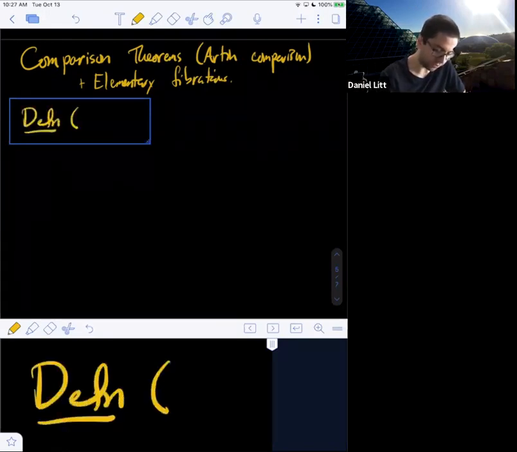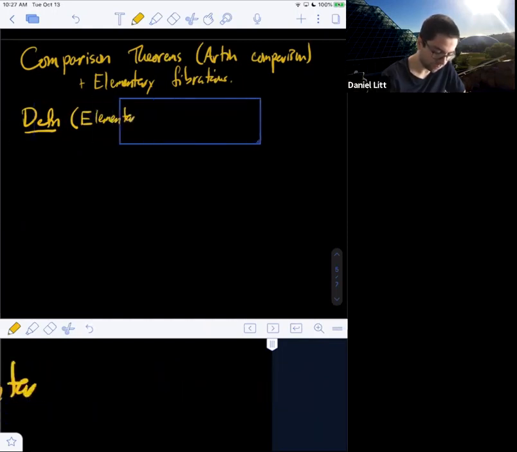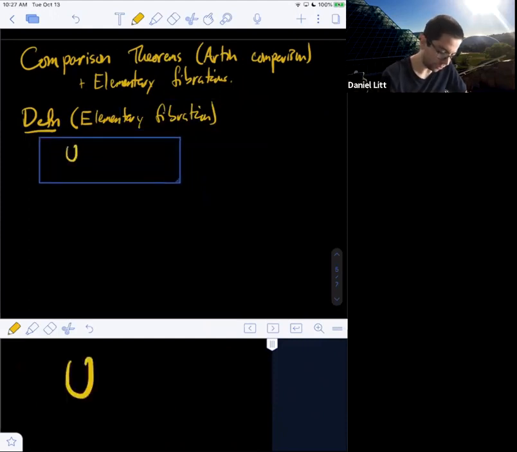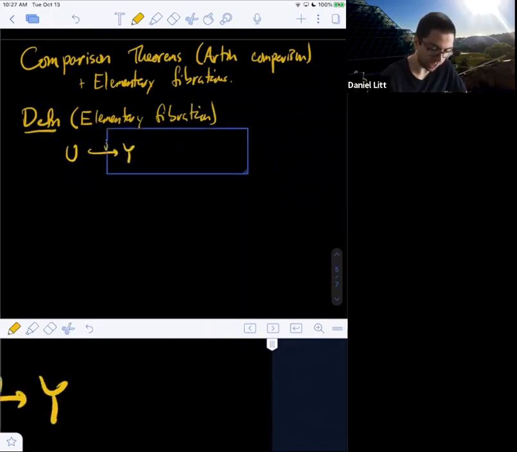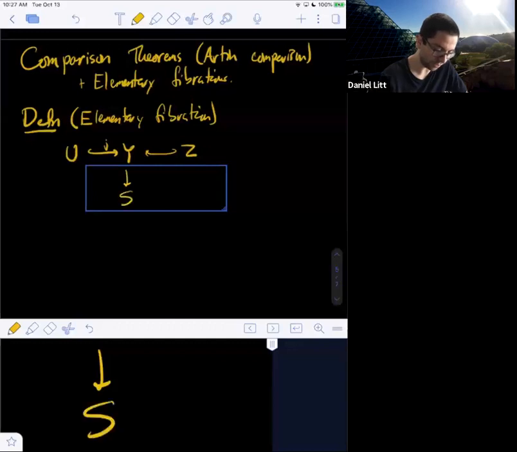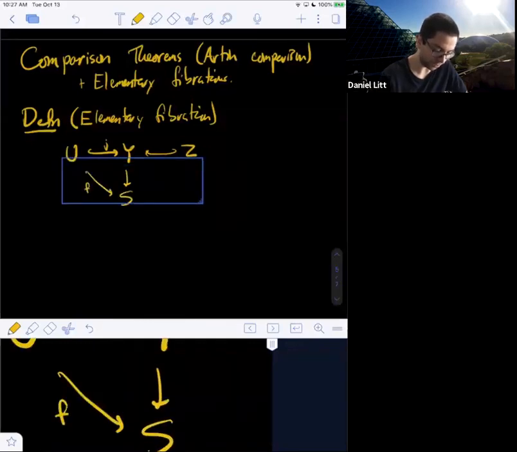This is the definition of an elementary fibration. It's a diagram as follows. You have U, which includes into some Y via a map j, and then Z is going to be the complement. This is all over some base S, and I'm just going to write down a big diagram and then tell you the properties of all the maps.